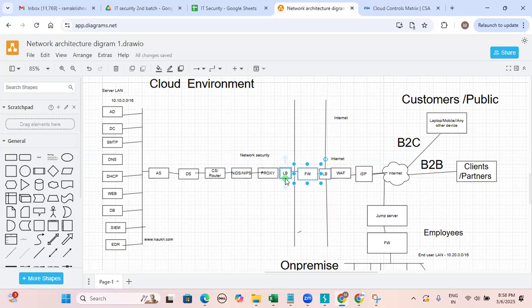That is the difference between BYOL and our on-premise solution. In a similar way, we have the A10 load balancer and other load balancers also. It is up to us whether we use a load balancer from the respective third-party vendor, or our inbuilt services, whatever we are using as part of Amazon, Azure, GCP, or maybe Oracle and so on.